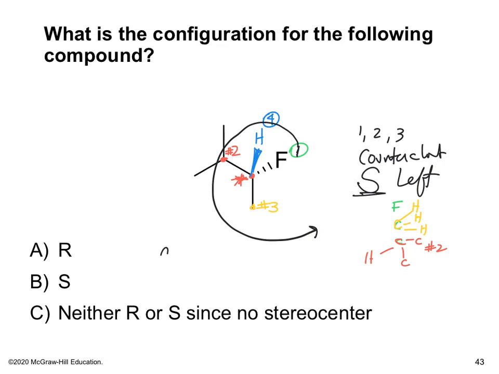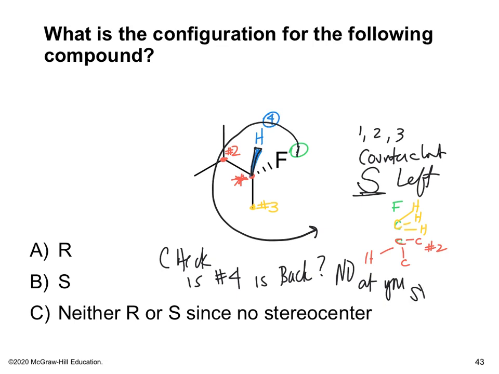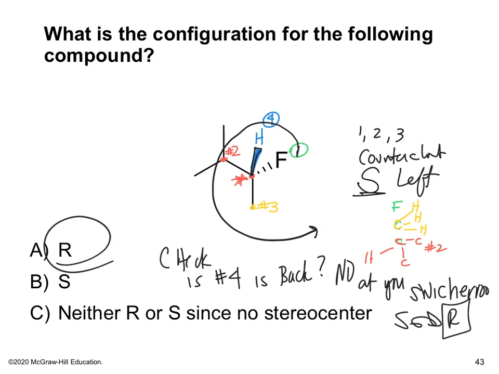But do your check. Is number 4, your lowest priority, in the back? No. You see it's on the wedge? It's coming at you. So you're going to have to do a switcheroo. That's what we call a switcheroo. So S becomes R. So this molecule is R.